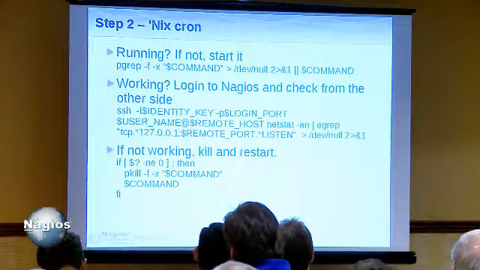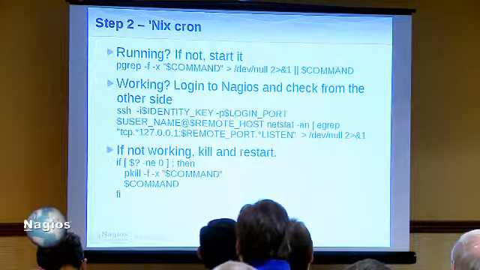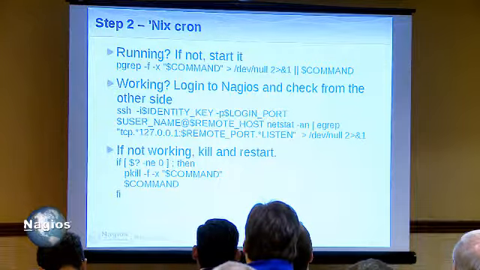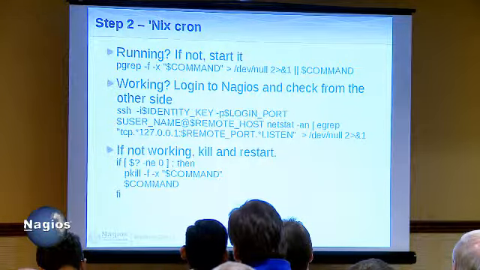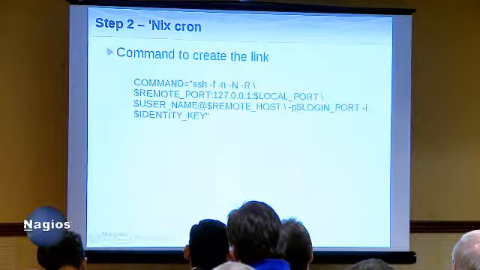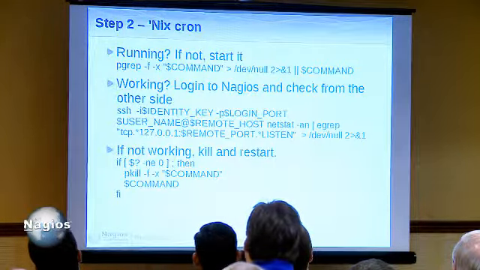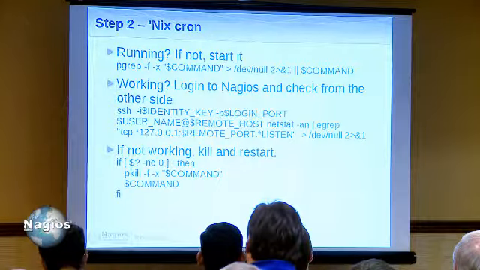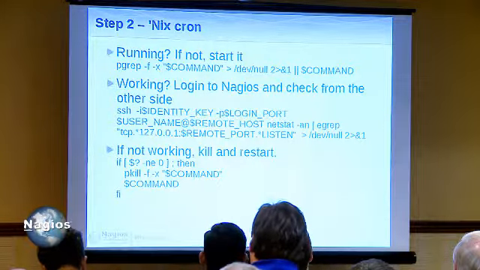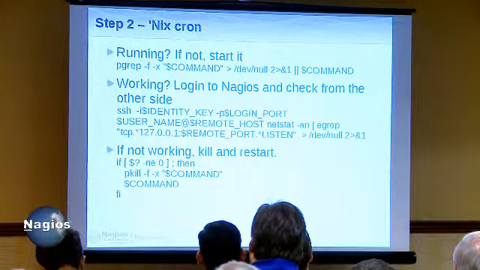Next step, check if it's running; if not, start it. This is a bash script. Look for the command to be running. Remember the command we defined up here? This is the command, SSH, etc. If it's there, do nothing. If it's not there, run it.